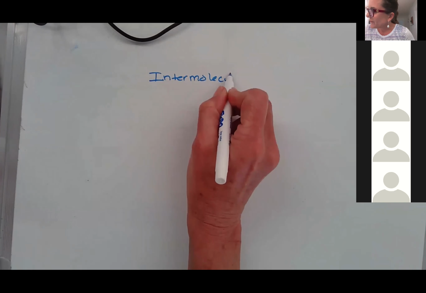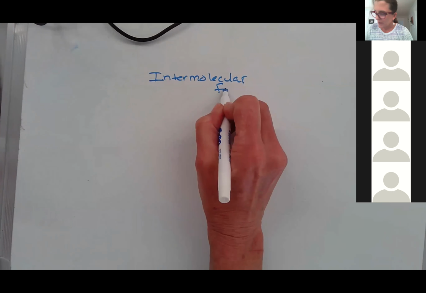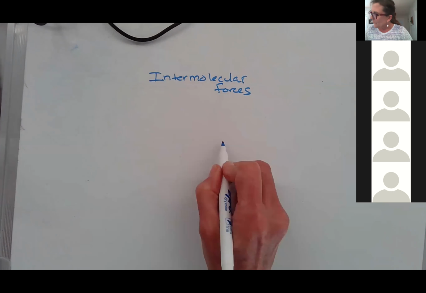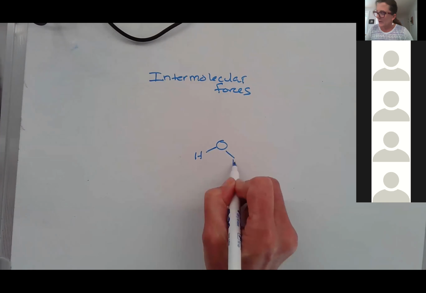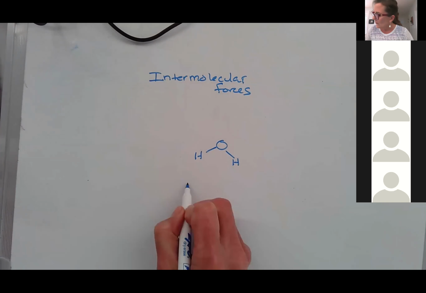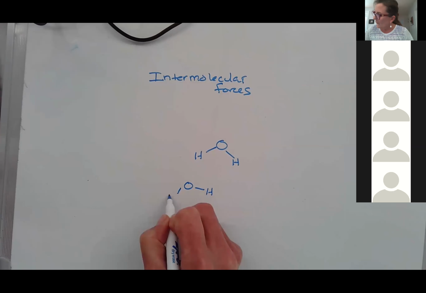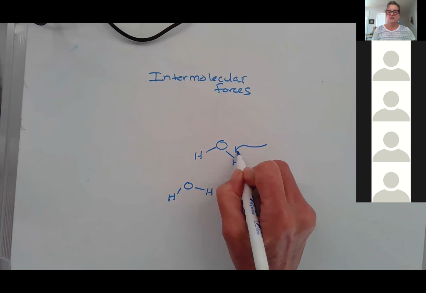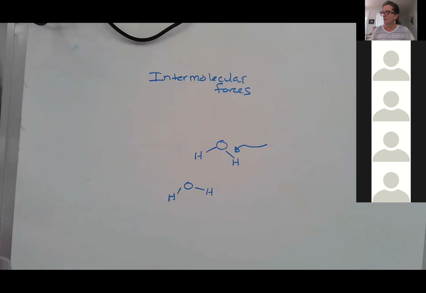And one of the first hurdles is people forget what that means. So here's a water molecule, right? What kind of bond is that? Is it an ionic bond or a covalent bond? Covalent. This is polar covalent, right.